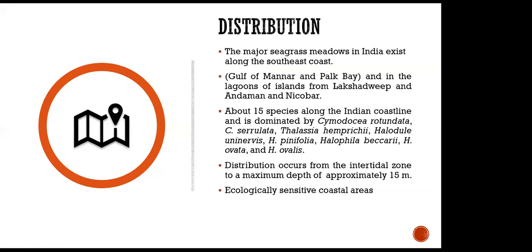Their distribution occurs from the intertidal areas to some depth, up to 15 to 20 meters. In our coastal areas, on the intertidal areas, these species are found along the exposed mudflats and sensitive coastal areas.